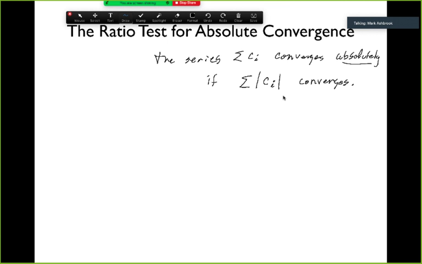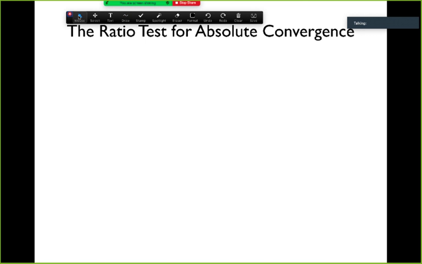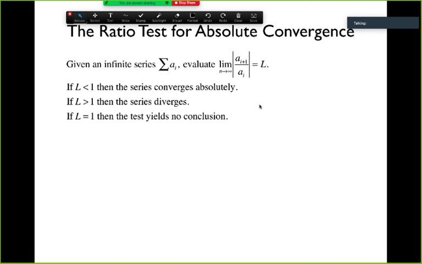We introduced this test called the ratio test for absolute convergence last time. We did an example. Let's do some more examples today. We said that you look at the sequence. You build a new sequence from the sequence that you're adding together.